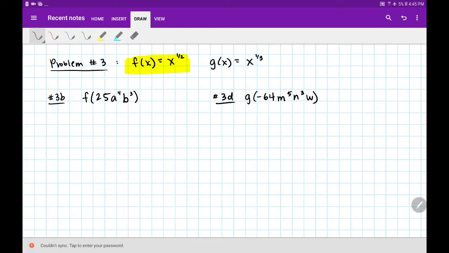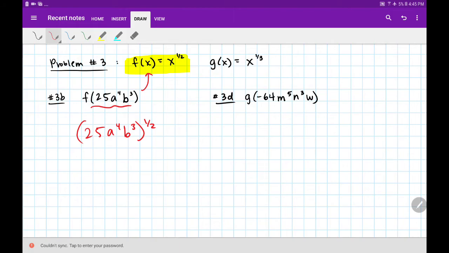All right, so f of 25a to the fourth b cubed says, I need to plug this stuff right here into my f function. So what I'm really dealing with is 25a to the fourth b cubed to the power of 1/2.